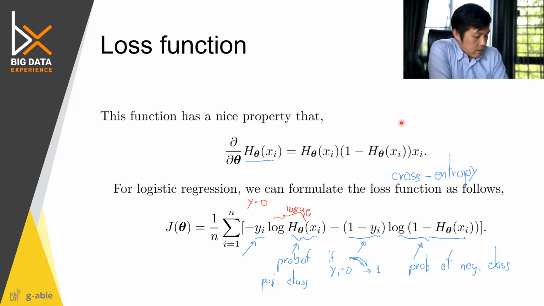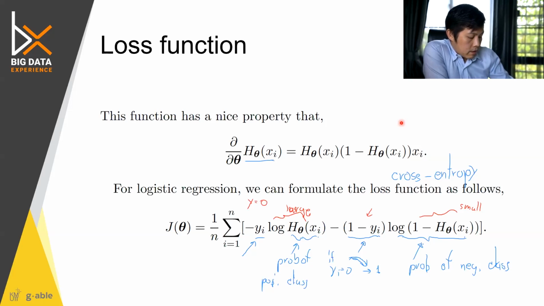That's a problem, because if y is 0 and this is large, 0 times a large value equals 0. And if this is large, this one would be small, and this one would be 1. For the 0 class, this is a misclassification, a not good fit.